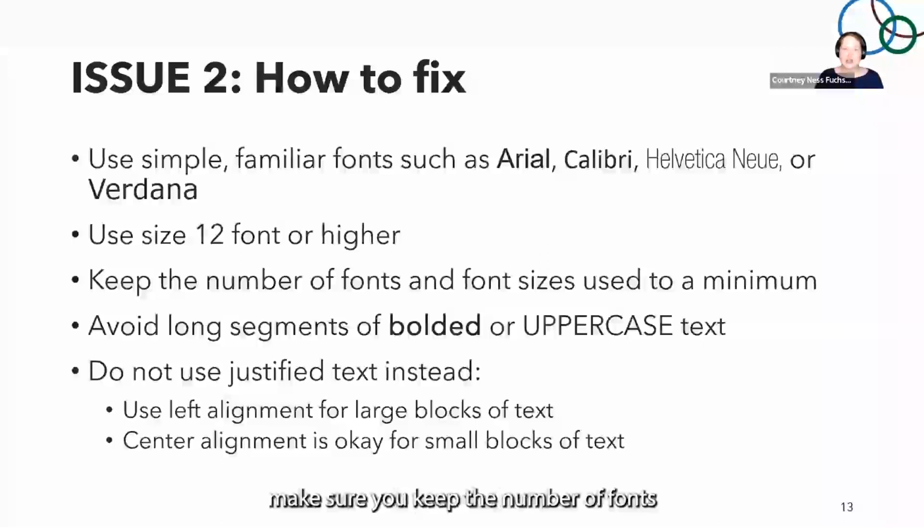In your design, make sure you keep the number of fonts and different font sizes to a minimum and be consistent with that. Avoid long segments of all bolded text or all uppercase text. And instead of using justified text that changes the spacing between words, always use left alignment for a large block of text, or you can use center alignment, say if you're doing a caption for a picture or something like that.